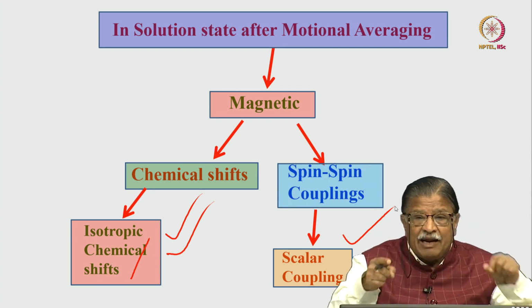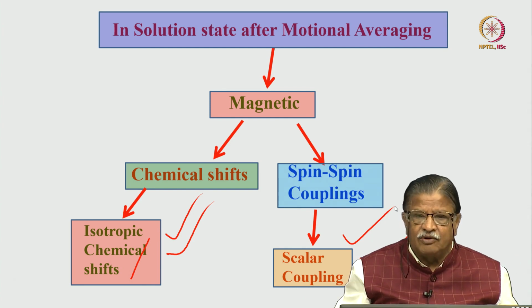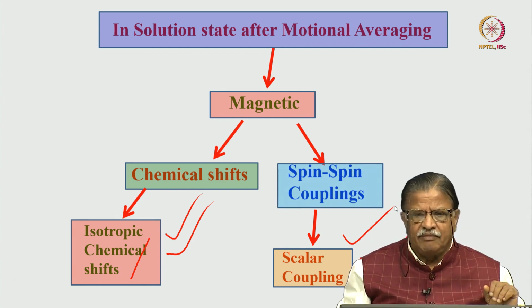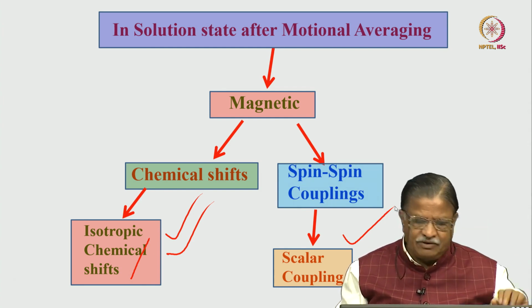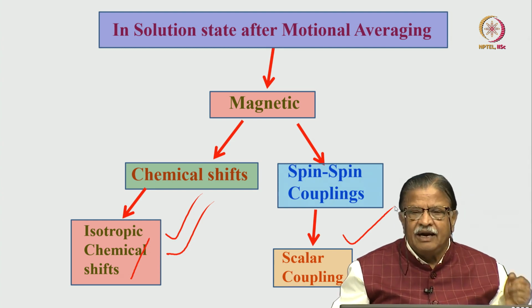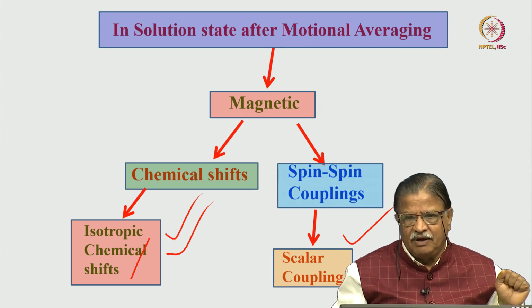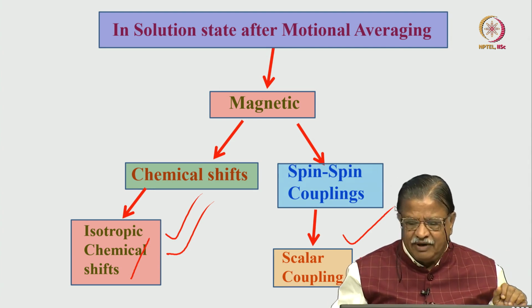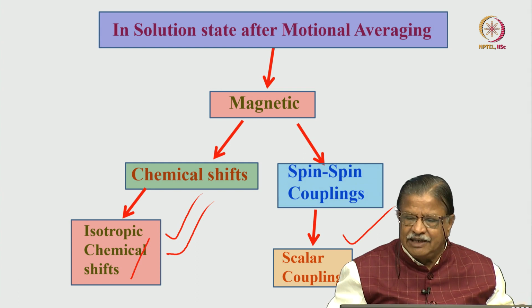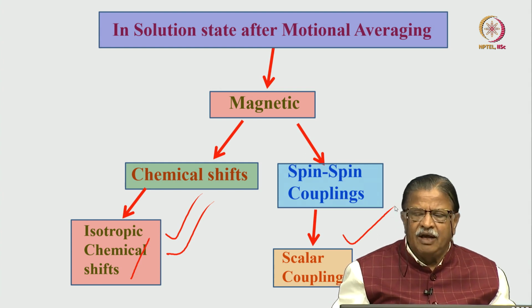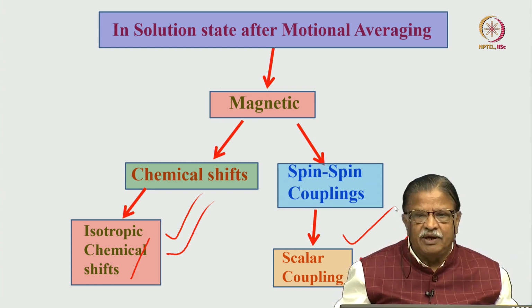Remember, every parameter in NMR is anisotropic. Chemical shift is anisotropic; the anisotropic part gets averaged out, we get only isotropic. Scalar coupling is also anisotropic; the anisotropic part gets averaged out, we get only the isotropic part. Dipolar coupling, anisotropic; quadrupolar coupling, anisotropic.